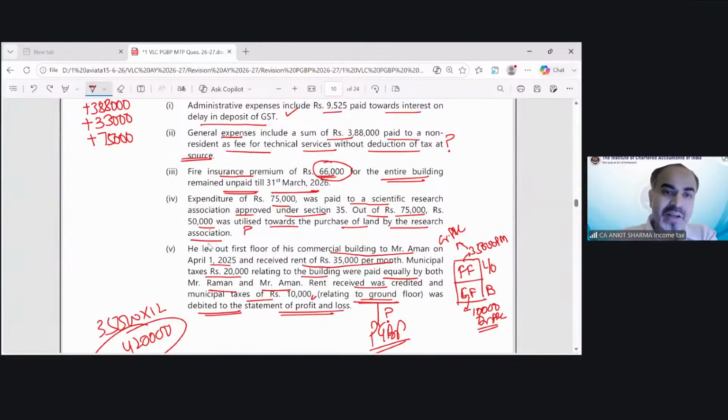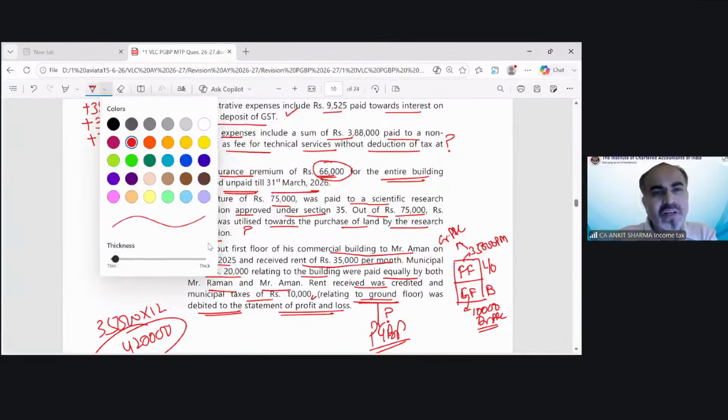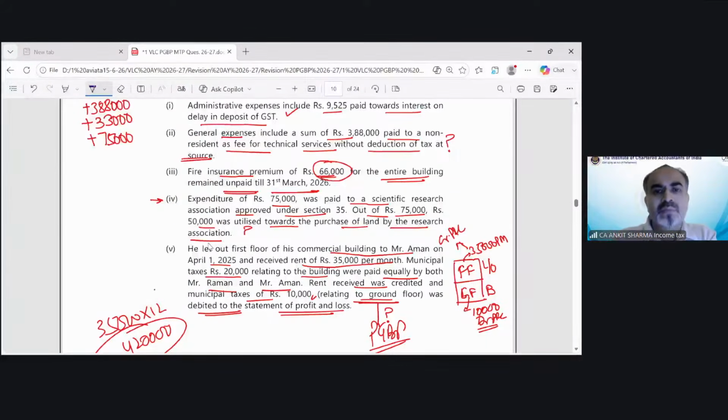Now read this point again. Expenditure of 75,000 paid to a scientific research association approved under Section 35, out of which 50,000 was utilized towards the purchase of land.